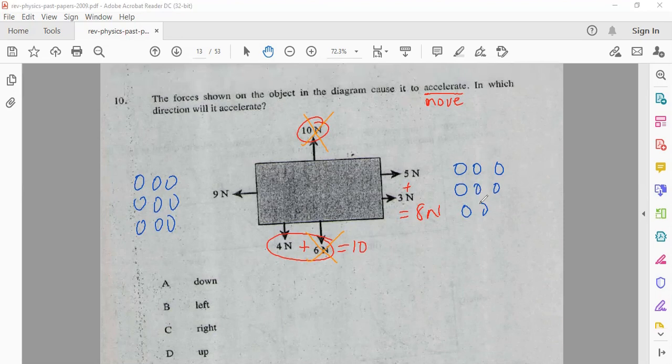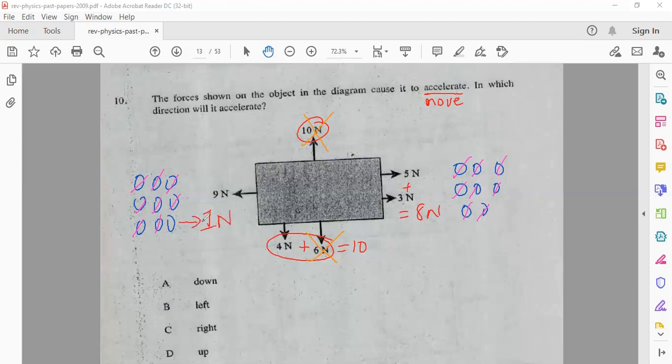If I cross out 1 to the left for every 1 to the right, I'm going to find that I have 1 left over in the left direction. 1 newton left over, 1 newton of unbalanced force.